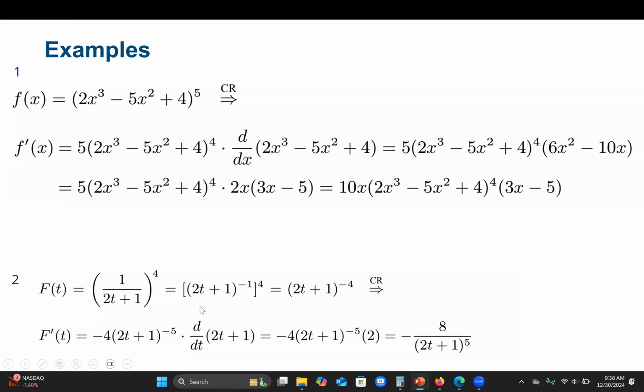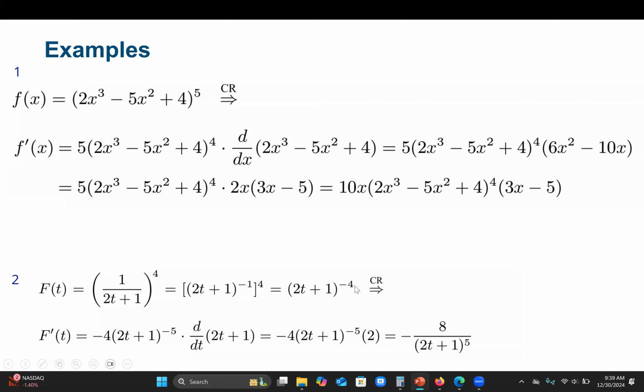So it's the same question here. So we have (2t plus 1) to the power negative 1 and to 4. So this will give us again (2t plus 1) to the power negative 4. Again, straightforward. Since this is positive 4, we can just find the reciprocal and write negative 4.